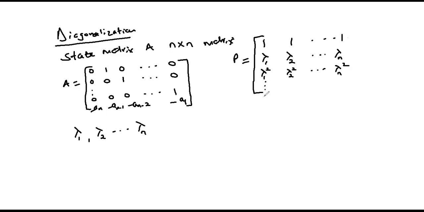And the last row will be a row of lambda 1 raised to the power of n minus 1, lambda 2 raised to the power of n minus 1, all the way to lambda n raised to the power of n minus 1. This is our transformation matrix P.